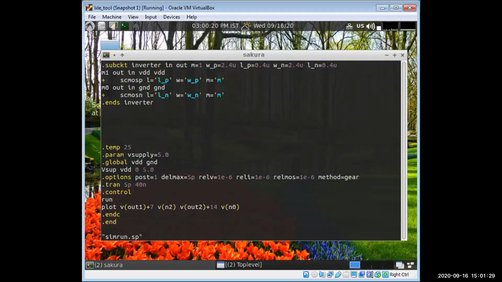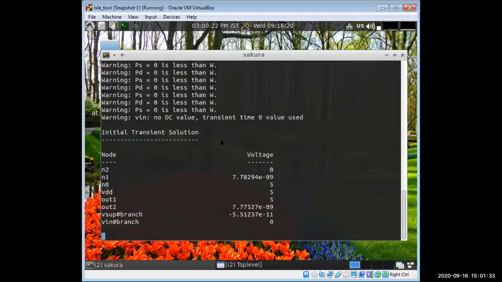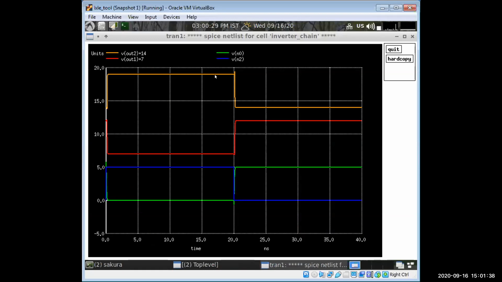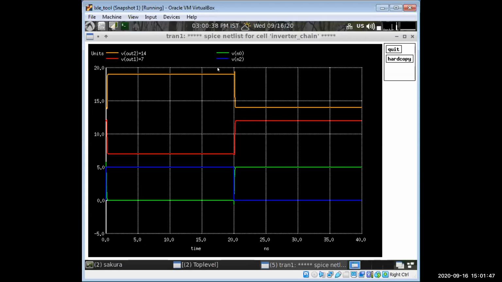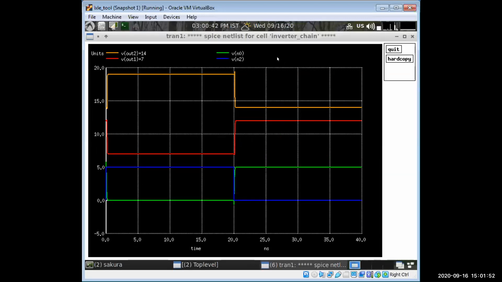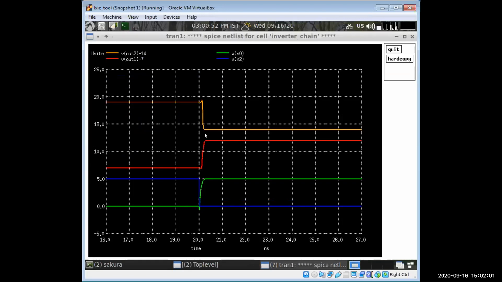Run this, do ngspice simrun.sp. You can see here values. Okay, I have an offset, that's why it is coming here. So you can see it zooming in. You can see the value, how the delay is changing.